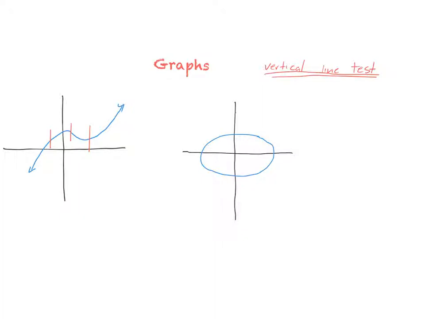If you draw a vertical line at the edge, you're going to see that it actually only touches one point. And I'm sorry, it's not a circle, it's an oval. I'm not that good at drawing circles. I'm going to drop another line closer to the middle.